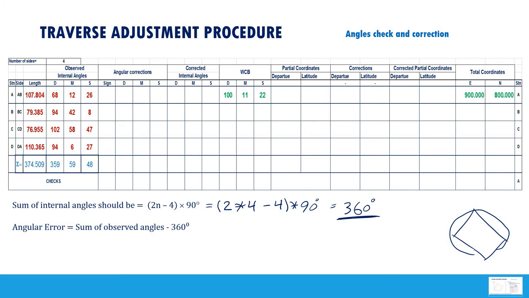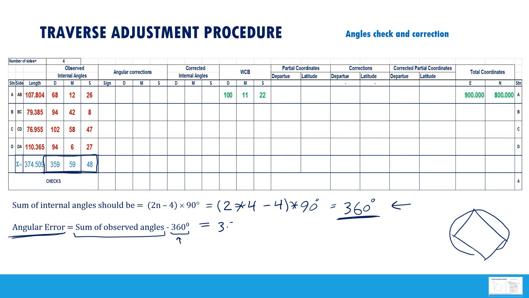Now we are going to calculate the angular error, which is the summation of the observed angles, this number here, 359 degrees, 59 minutes and 48 seconds, minus 360 degrees. This is the theoretical summation. In theory it should be 360. But when we have done the measurements, we've made some error, which is the difference between these two numbers.